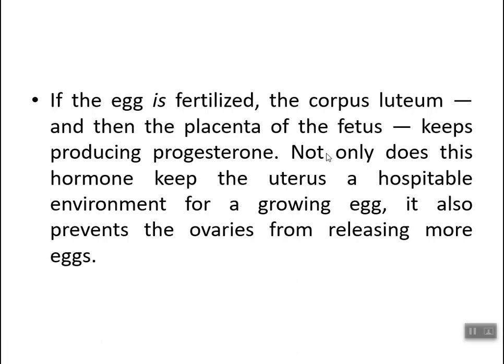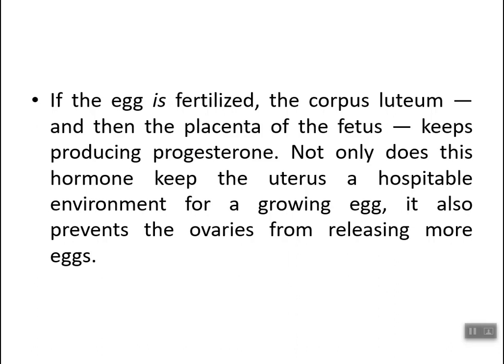Here two terms are there, the corpus luteum and the placenta. So what is a corpus luteum and what is a placenta? The corpus luteum is a hormone-secreting structure, a temporary structure that develops inside the ovary only, after an ovum has been released.